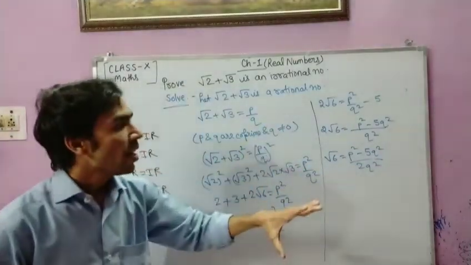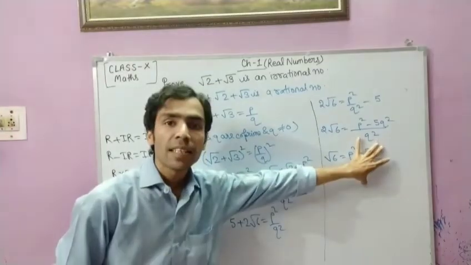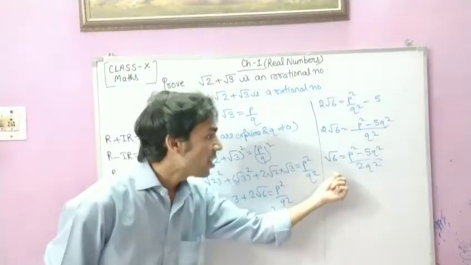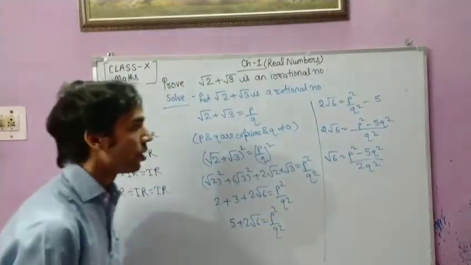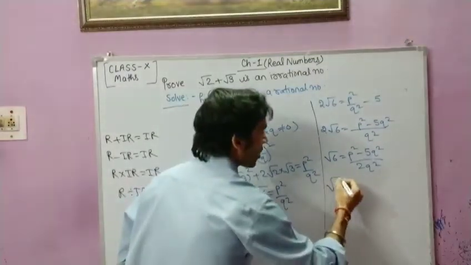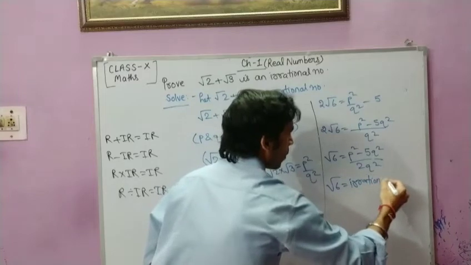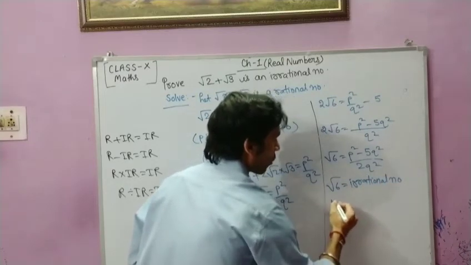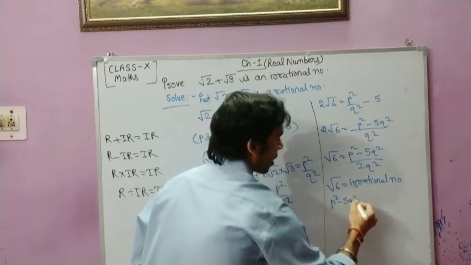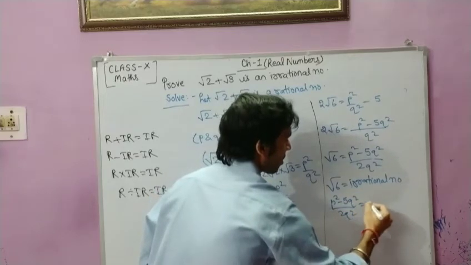So we can see that the RHS part is a rational number and the LHS part is an irrational number. So we can say root 6 is an irrational number, and p square minus 5q square upon 2q square is a rational number.